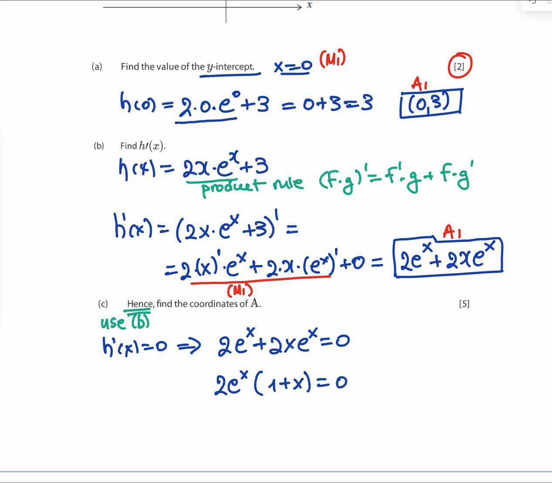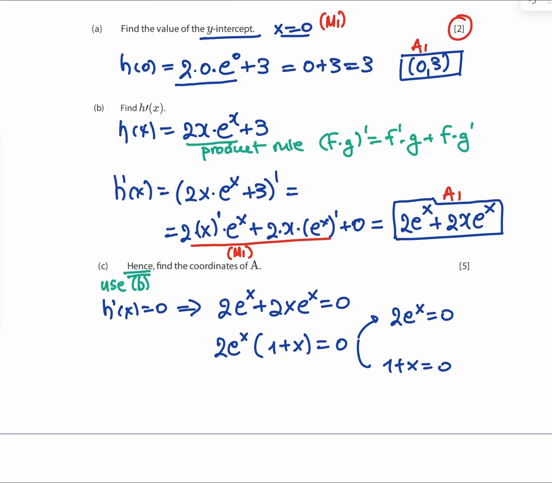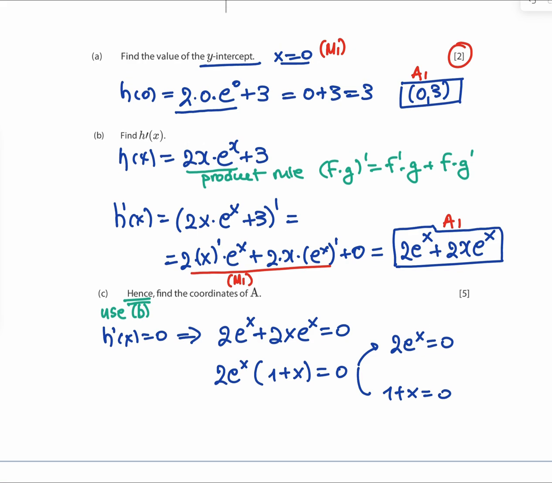Now that means that either 2e to the power of x is equal to 0 or 1 plus x is equal to 0. Now, the thing is, e to the power of x is never 0. So let's make a little note here about e to the power of x. The graph of e to the power of x is like that.